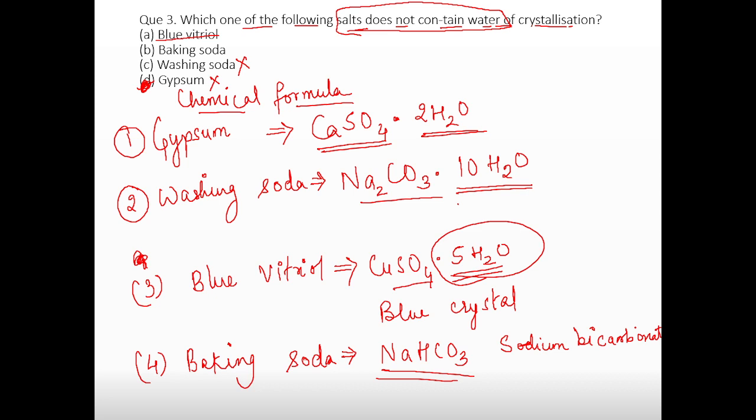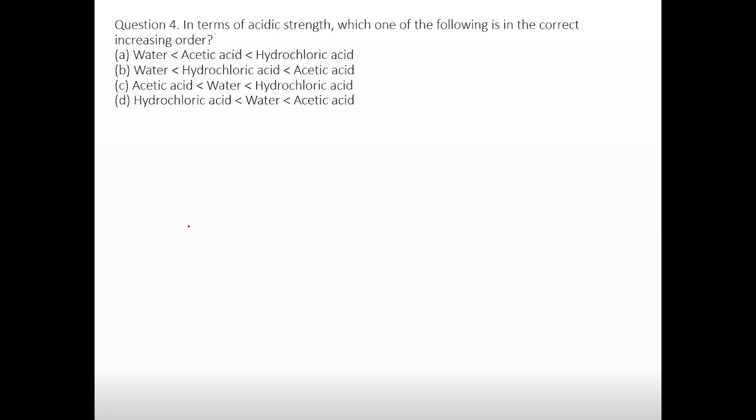So that means the correct option should be option B, that is baking soda, because baking soda is the only one out of these four which does not contain water of crystallization. Moving to the next question.